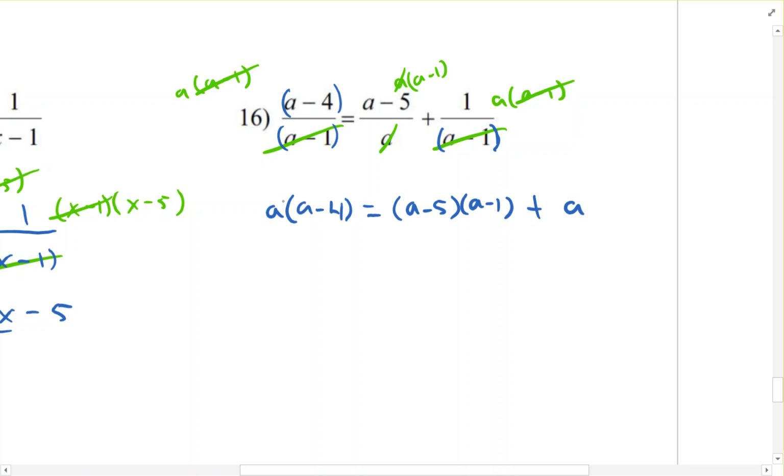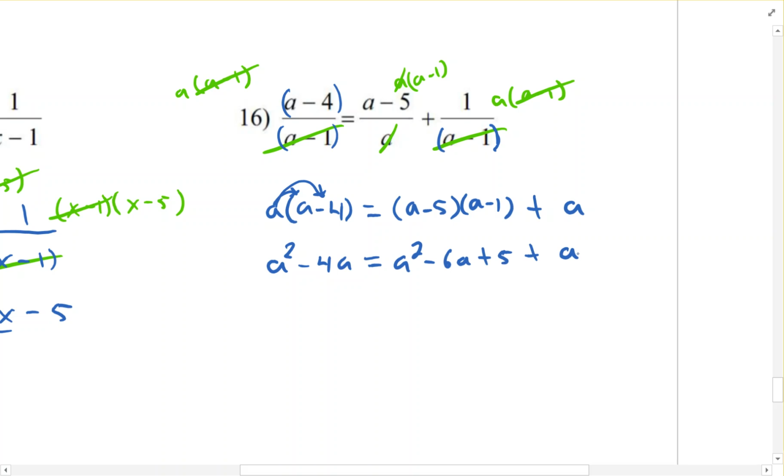All right, so let's expand this. We've got a times both of those, so a squared minus 4a is equal to a squared minus 6a plus 5 plus a.